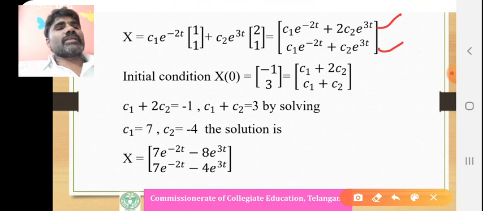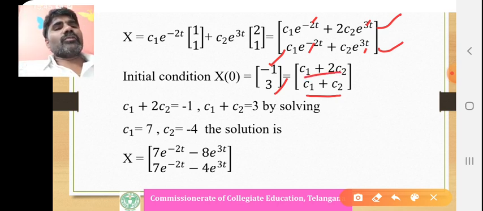Now apply the initial conditions: x at 0 is minus 1, y at 0 is 3. Putting t equals 0, e power 0 is 1, so it becomes c1 plus 2c2 and c1 plus c2.